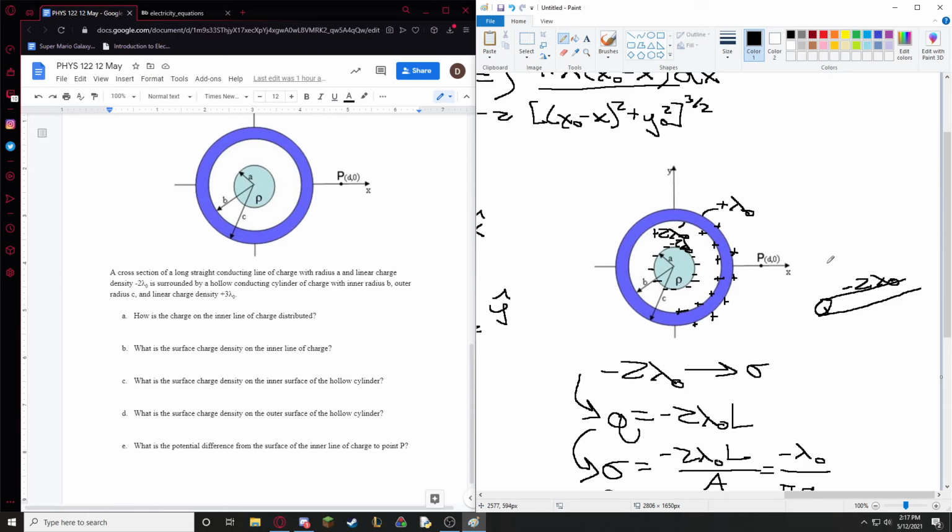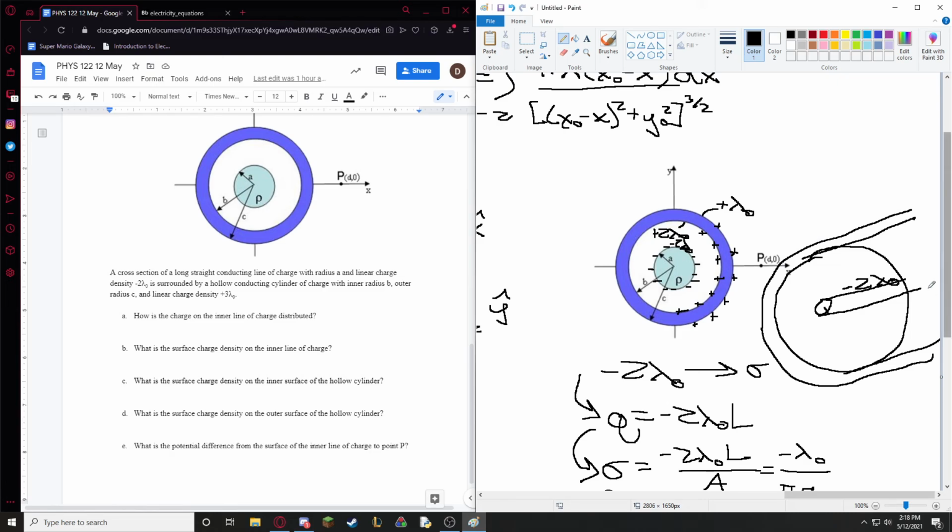Surrounding that cylinder is another larger cylinder. I'm drawing it obnoxiously large just so we can visualize things a bit better. Along this outer cylinder, it has a total charge of plus 3 lambda naught. Does that help out?